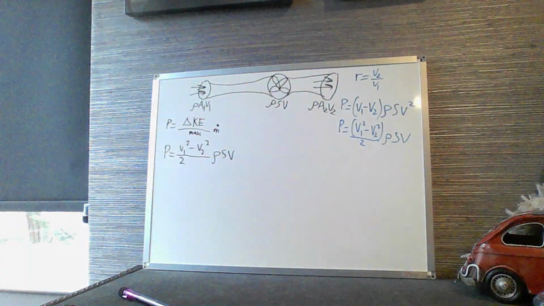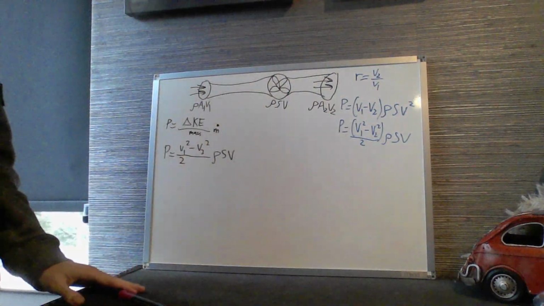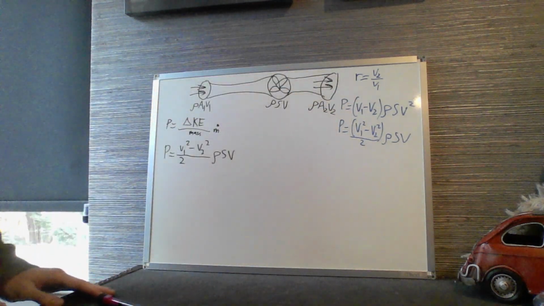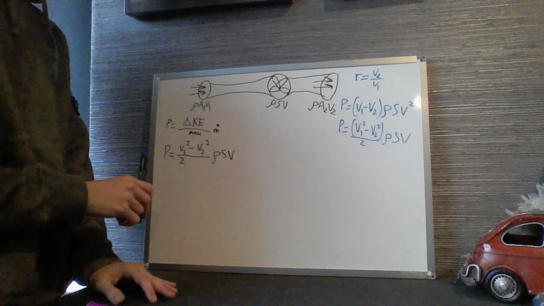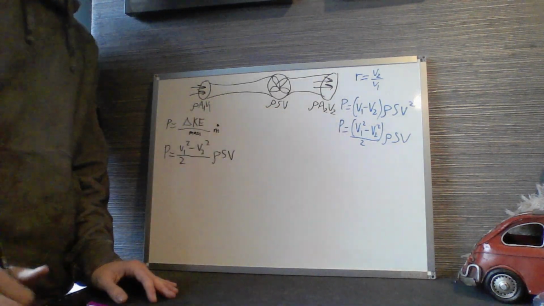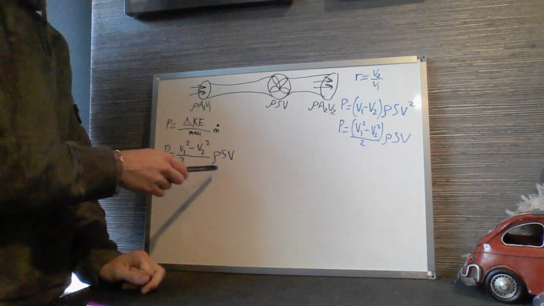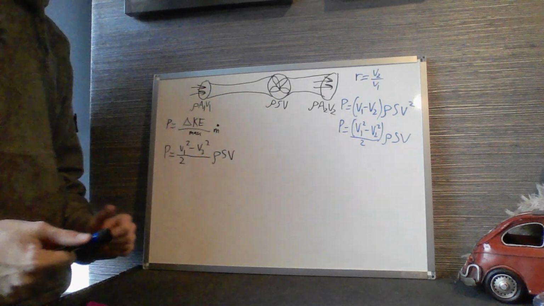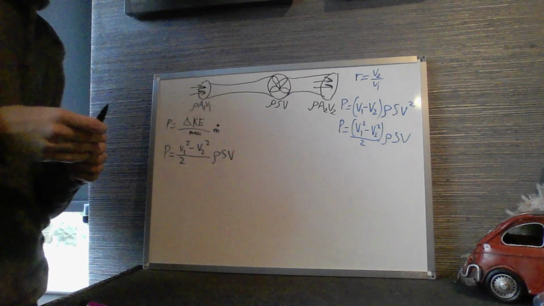Okay. Now what I want to do, like I said, is get everything in terms of v2 and v1. So the first thing I'm going to do is make these two power expressions equal to each other so we can get an expression just for v, and then we can plug that back into one of these so that we can get an equation simply in terms of v2 and v1, right?